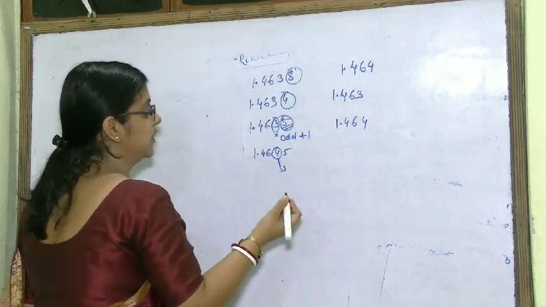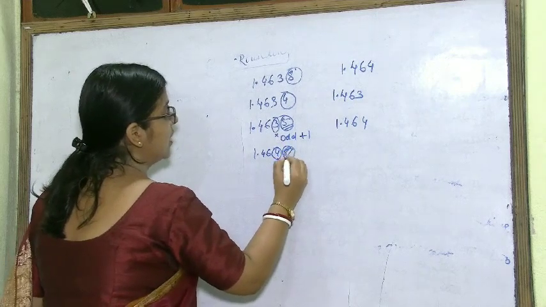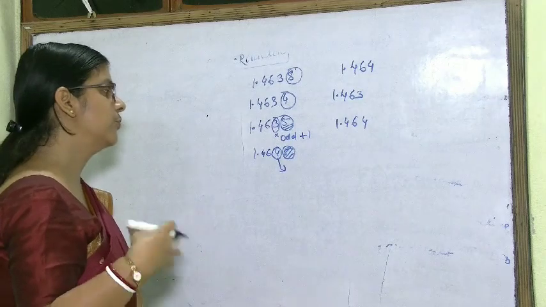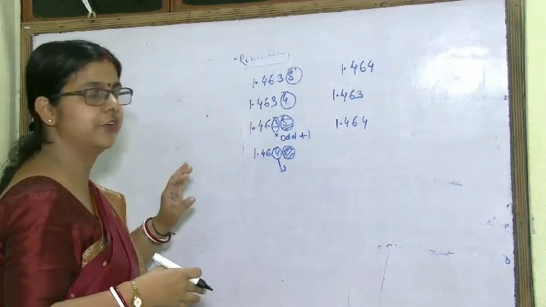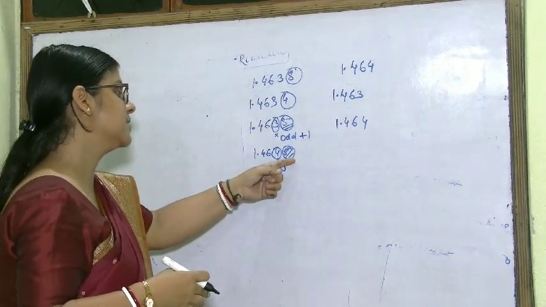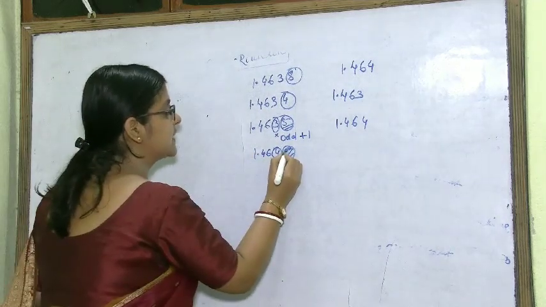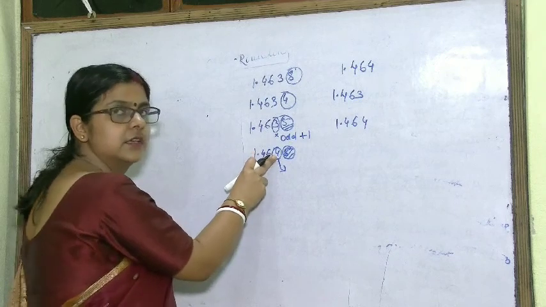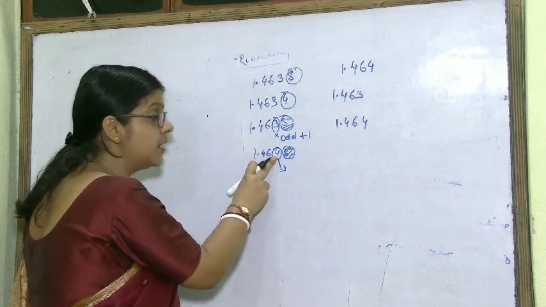Suppose you are asked to round off to 4 significant figures, and here the digit 5 is present. The digit before 5 is an even number.